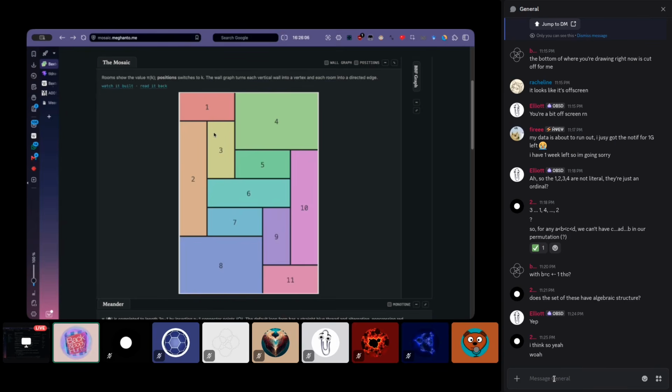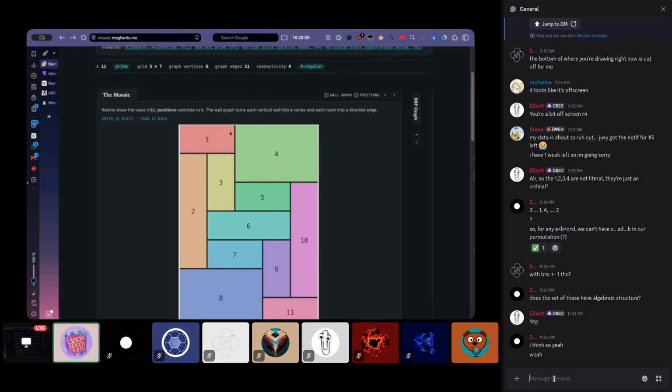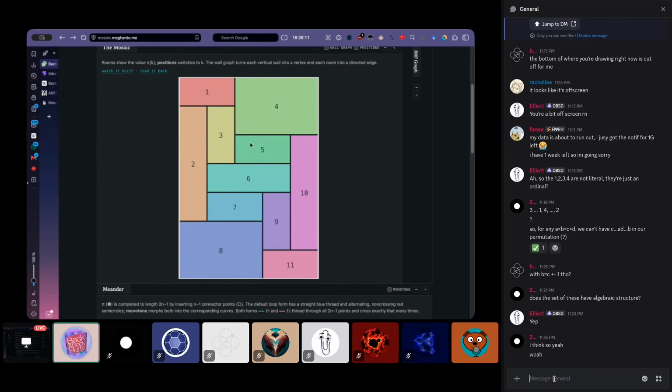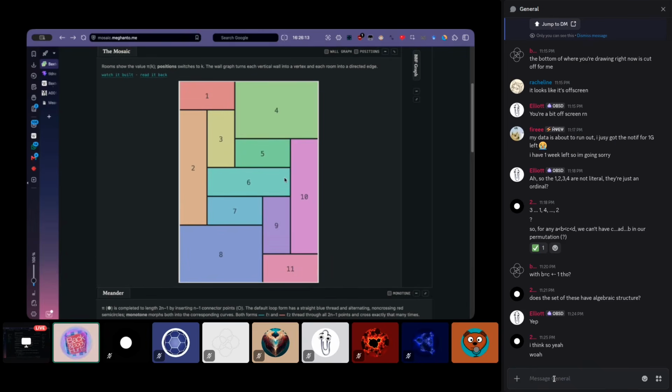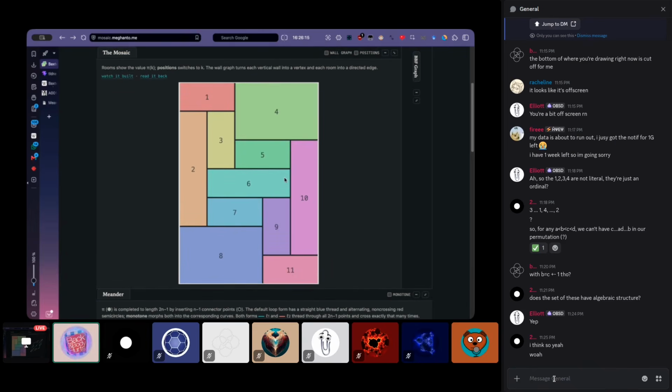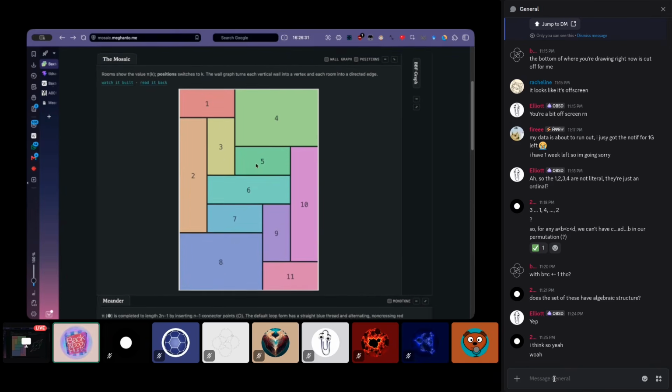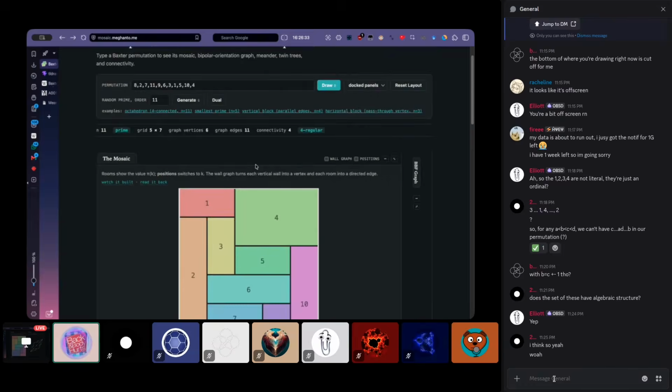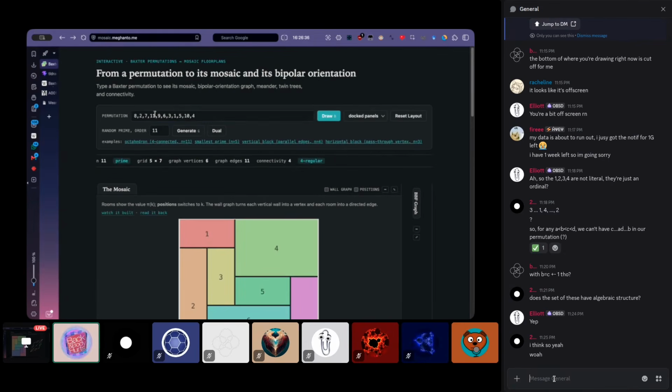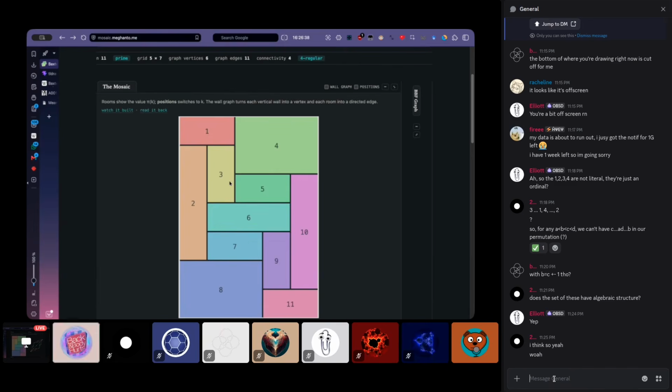So this is a prime mosaic, and this is actually a more interesting prime mosaic than the usual prime mosaics, simply because this is, in a sense, a stronger prime mosaic. But we'll get into the strength of a prime mosaic later. First, let's figure out why this permutation that we see is this mosaic.